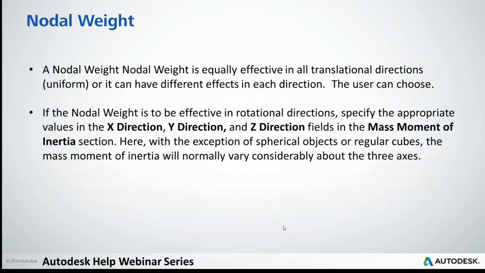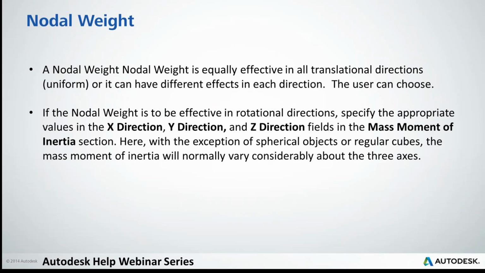A nodal weight can be equally effective in all translation directions, uniform, or it can have different effects in each direction. So when you define a nodal weight, you have the option to keep the uniform box checked, in which case it will have the same effect in all 3 directions. Or if you uncheck that, you can have different weights having an effect in the different directions, X, Y, and Z. It's the user's choice.